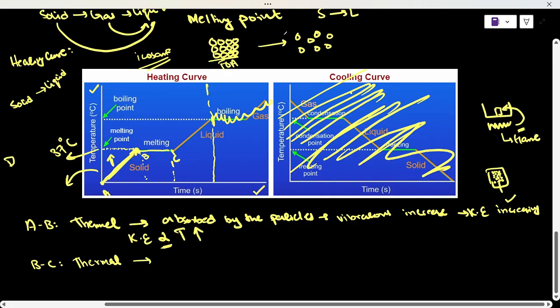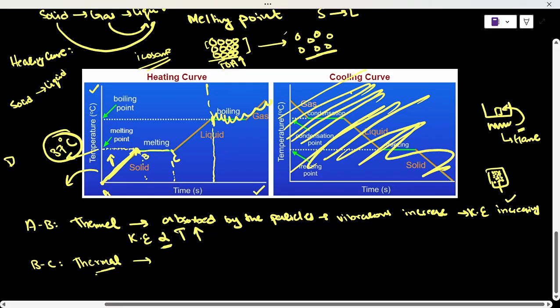Remember, I told you, at this point you've got very high forces of attraction. That's why these particles are attached to each other. So to reach this point, what you have to do is break these forces of attraction. Once they reach a temperature of 37 degrees centigrade, whatever energy is still being provided is used to break these forces of attraction.